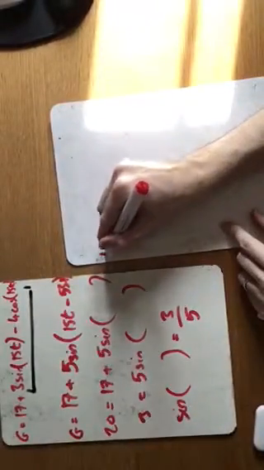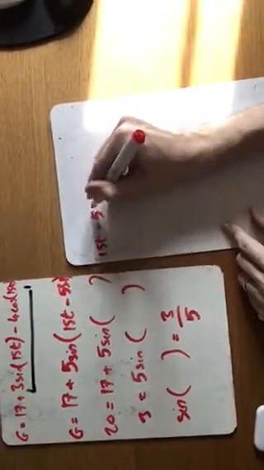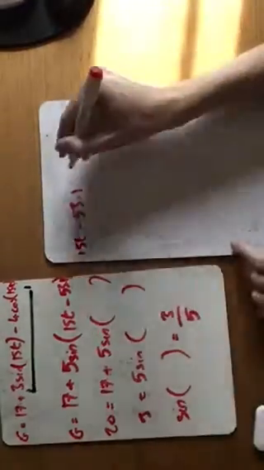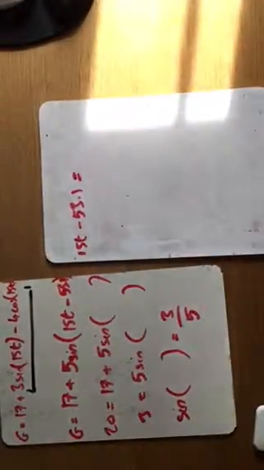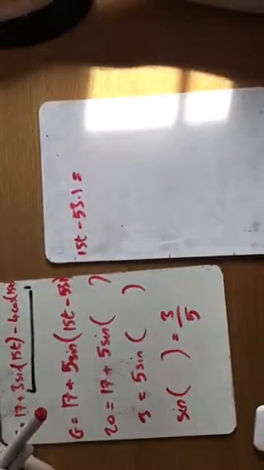Now, when you do your inverse sine here, you get 15t minus 53.1 equals, and this is where you then look to see what your possible solutions are.